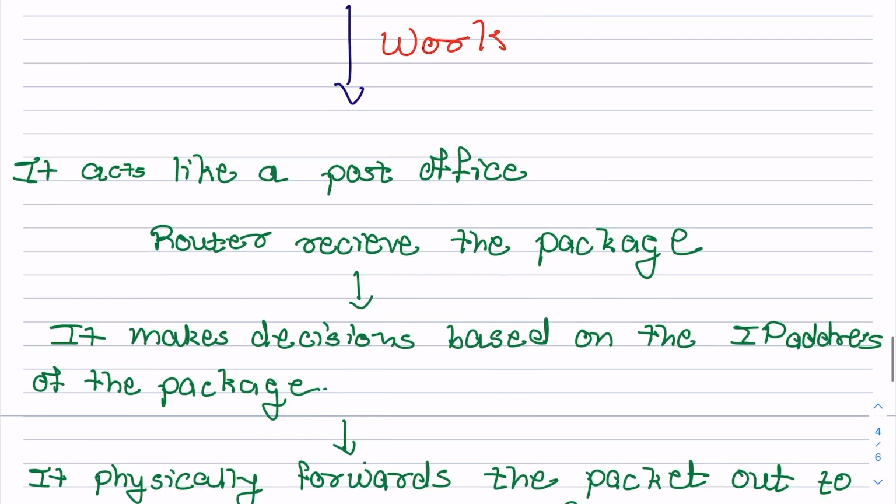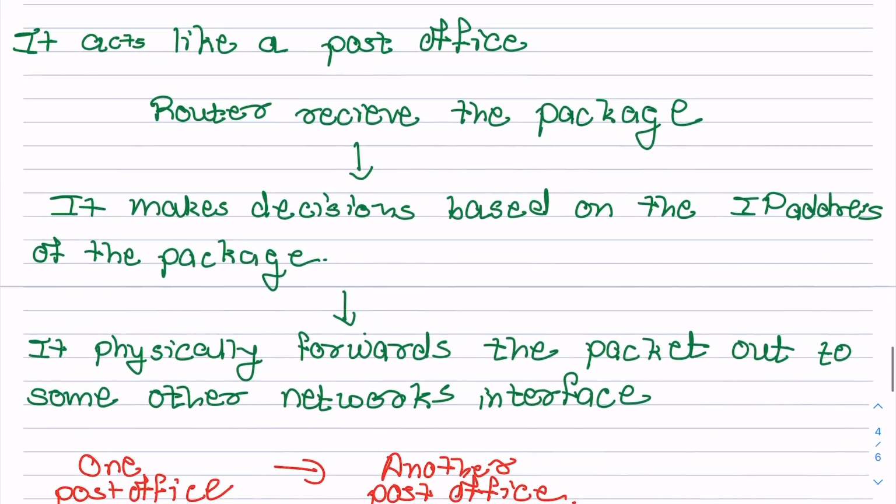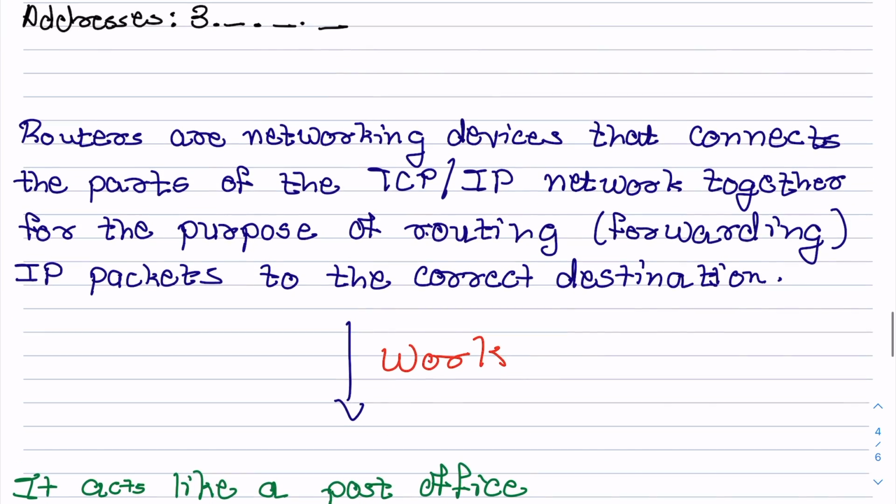Now I will tell you the detail of the router. Routers are networking devices that connect parts of TCP/IP networks together for the purpose of routing. Now, what is routing? Routing is also known as forwarding, forwarding the mails.